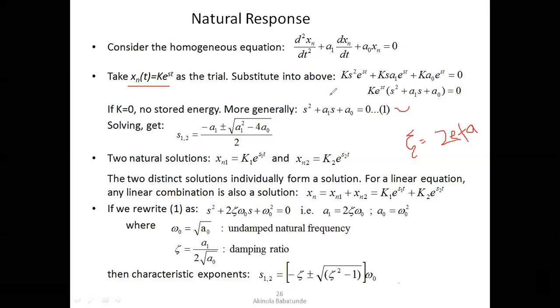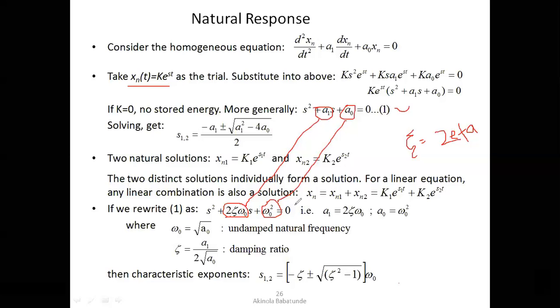It simply means that we are replacing a1 with 2 zeta w naught. If you compare this with equation 1, we are saying that a1 is equal to 2 zeta w naught. Also, we are replacing a naught with w naught squared. So we're saying that a naught is equal to w naught squared.